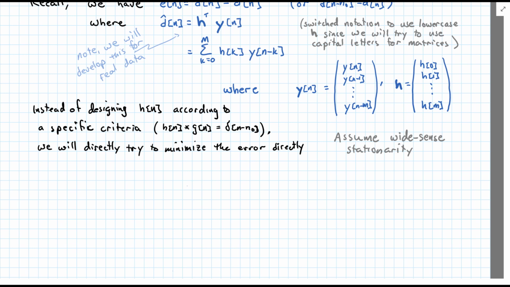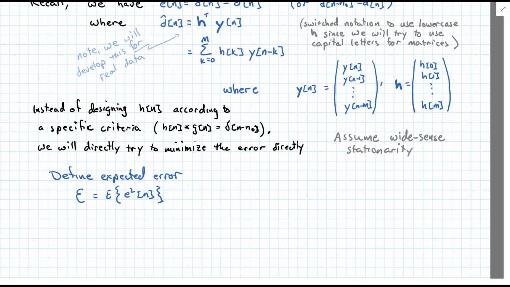So the first thing we're going to do is define an expected error as essentially the expected value of the error squared. This isn't the only error metric that we can use. In fact, this is not the only one that's used, but it's a very common one.